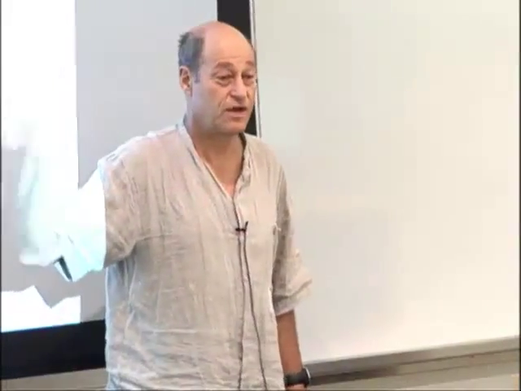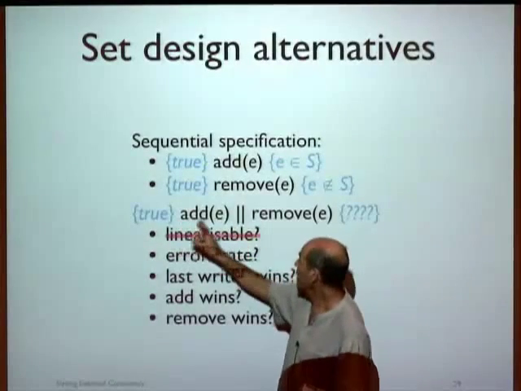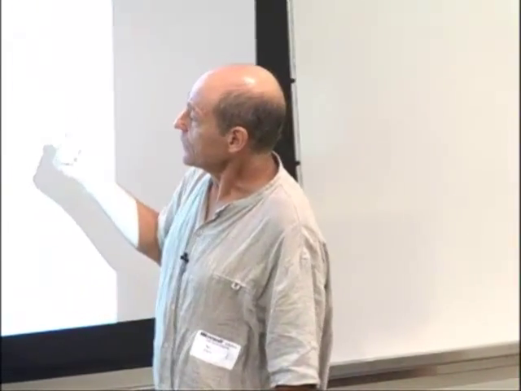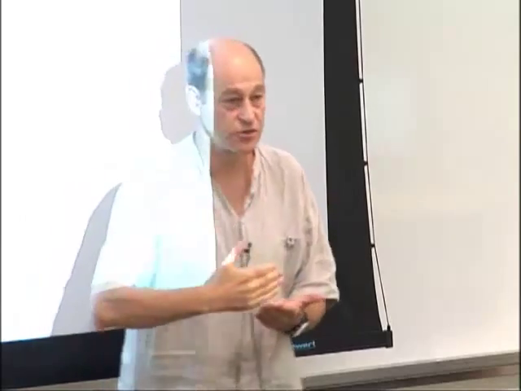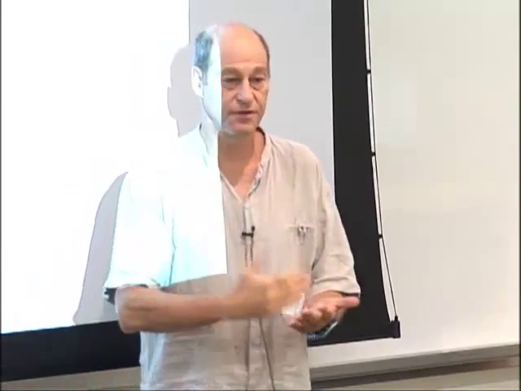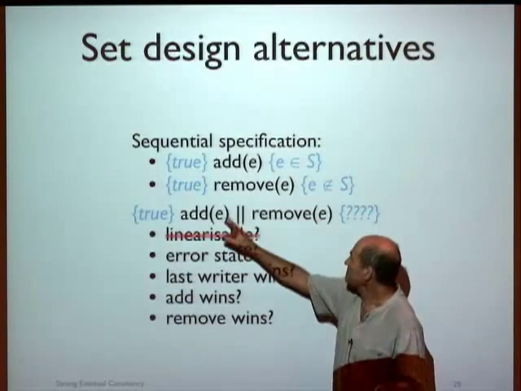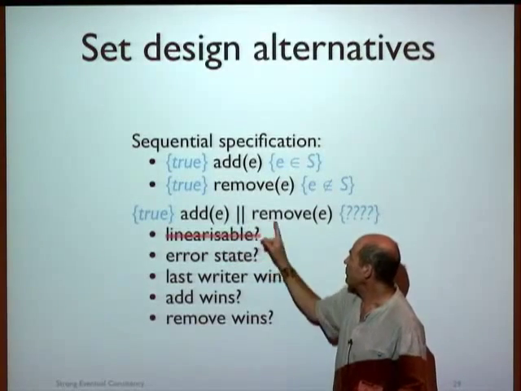Now, what happens if you have concurrency? What happens if you concurrently add E and remove E? What is the outcome going to be? Now, you could say, well, I want a linearizable system where there's a total order, and the system makes some decision and puts one of these last.